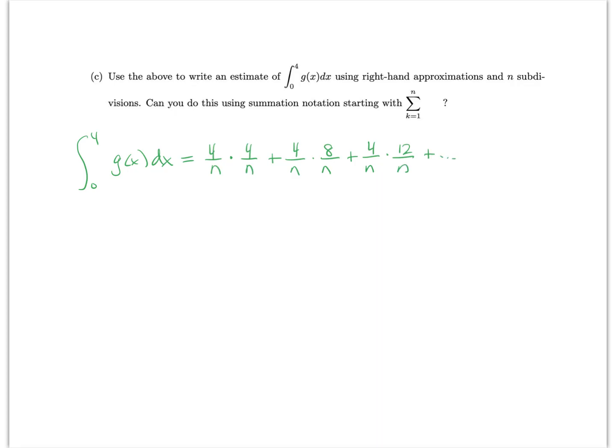Third rectangle, the base is 4 over n and the height is 12 over n. And I'm going to keep going until I get to the last rectangle, which is going to have a base of 4 over n. And the height is going to be the height of the rectangle at 4. But we have broken our interval up into n pieces. So I'm going to write that as 4n over n. And I should have written this as approximate.